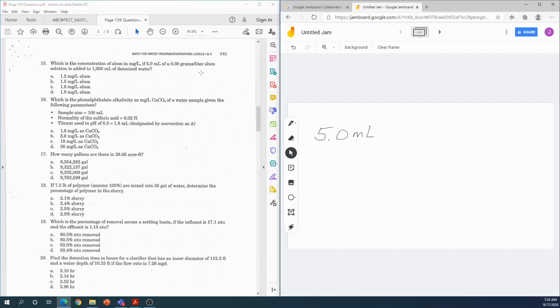We're going to add that to 1,000 milliliters of water. So I have milliliters are going to cancel milliliters. And we know that solution was 0.3 grams per liter.